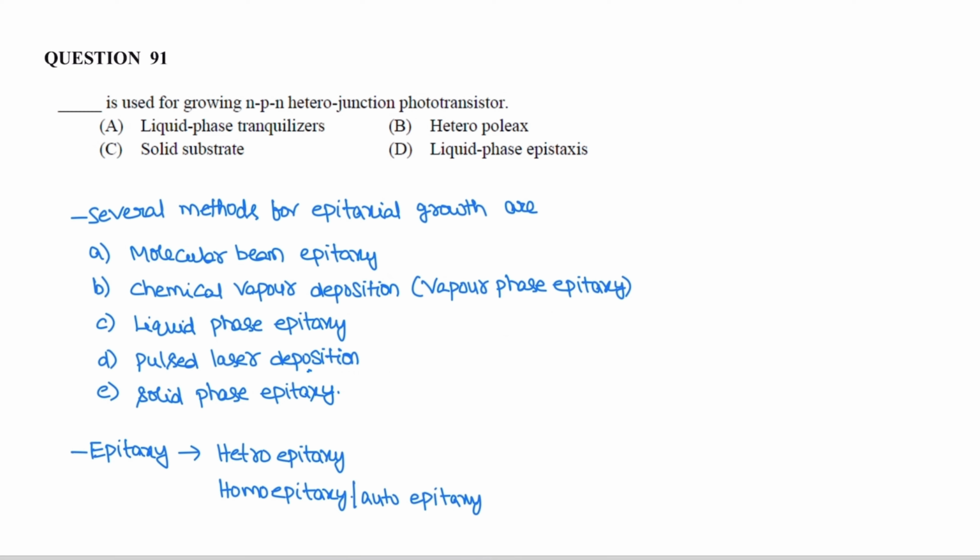Different methods of epitaxial growth are molecular beam epitaxy, chemical vapor deposition, liquid phase epitaxy, pulsed laser epitaxy, and solid phase epitaxy. In the question, it has given liquid phase epitaxy for growing NPN heterojunction. So growing means epitaxy, and different methods are as per the options: liquid phase epitaxy. Again, this epitaxy is of two types: heteroepitaxy and homoepitaxy, or autoepitaxy. So correct option is D.